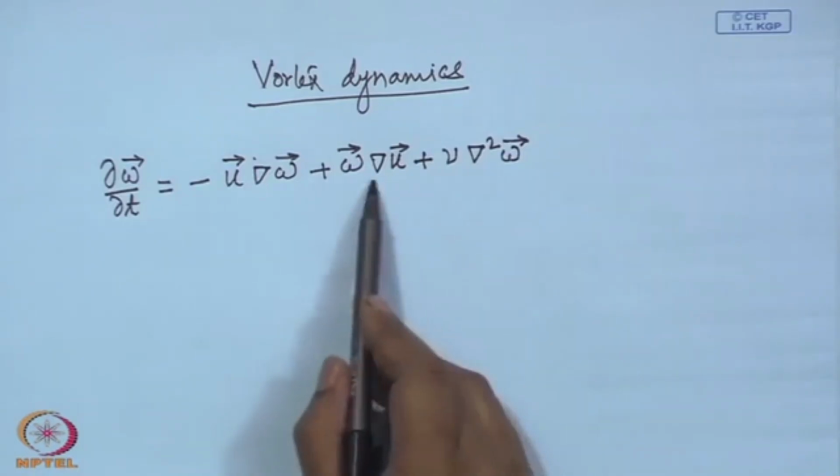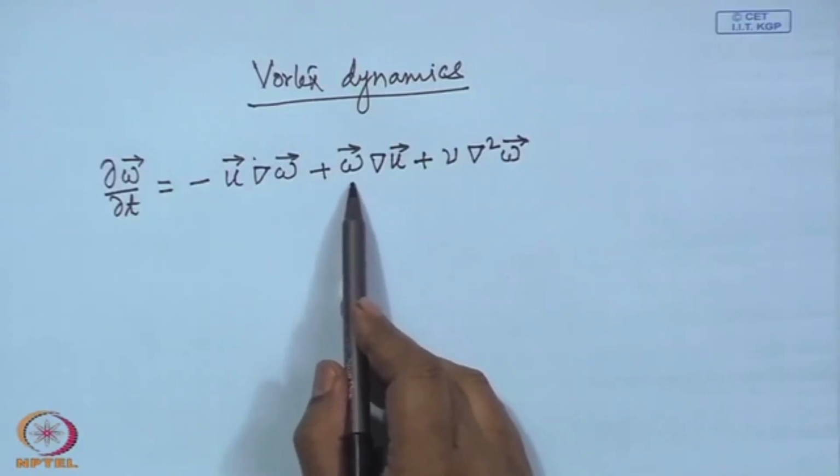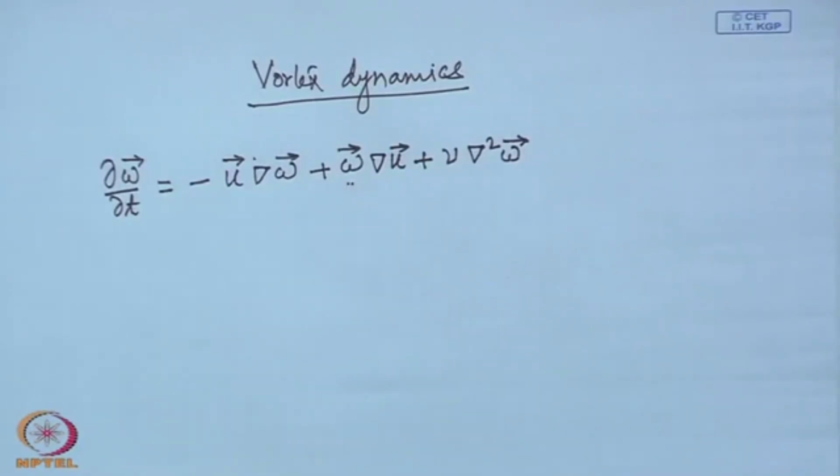The second term, if you remember, we described at that time as rotation and stretching of the material vortex element. Also, we said that this effect is a secondary effect; it simply redistributes the vorticity locally. It does not change the broad feature of vorticity distribution over the entire fluid.